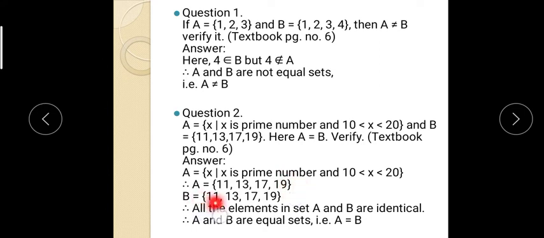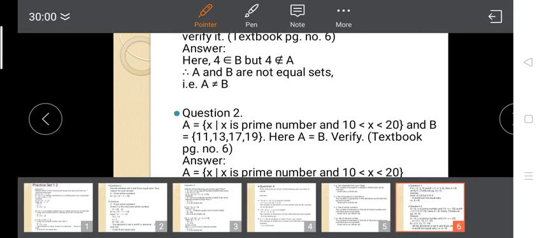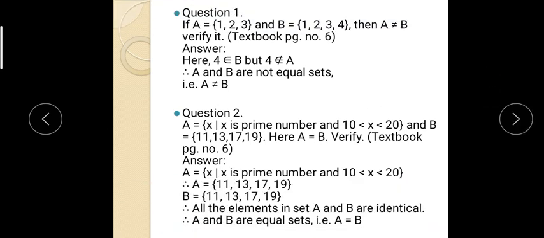B is equal to 11, 13, 17, 19, already given. If you compare them, the number of elements and every element is the same, and therefore they are identical, and therefore set A and set B are equal sets. So students, all these examples you have to write in your notebook. Thank you students.